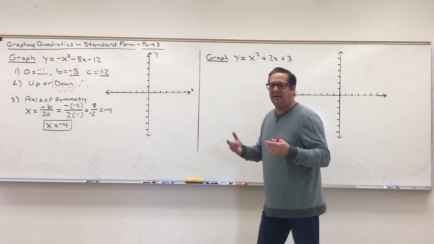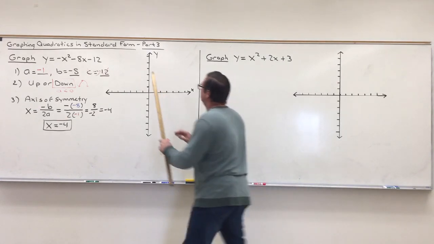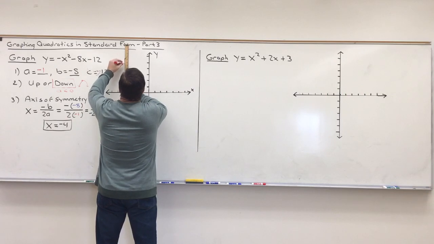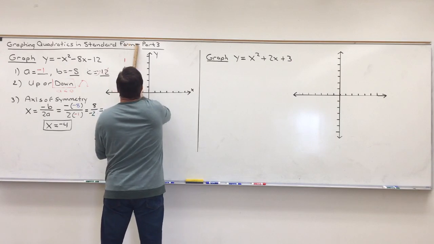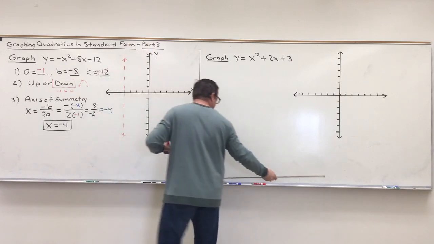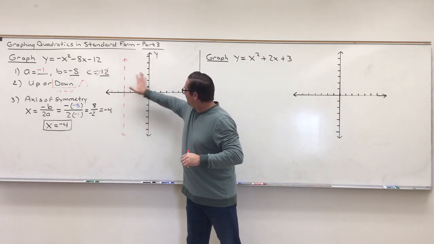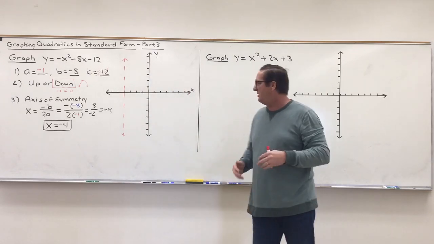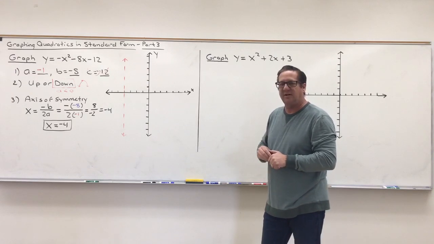I think I'll go ahead and put it in our graph now. So I know my parabola is sitting, the middle is sitting here. I don't know where it is on the axis of symmetry, but I do know that it is sitting on our vertical line right there.